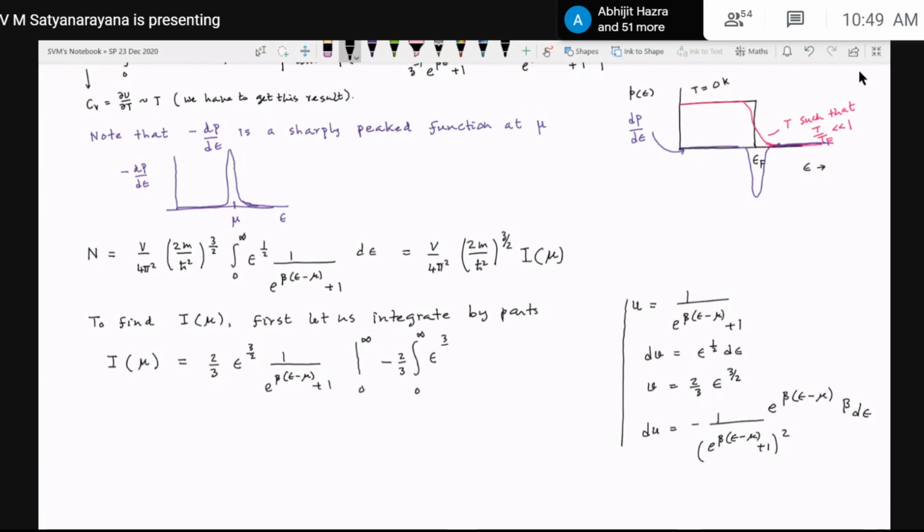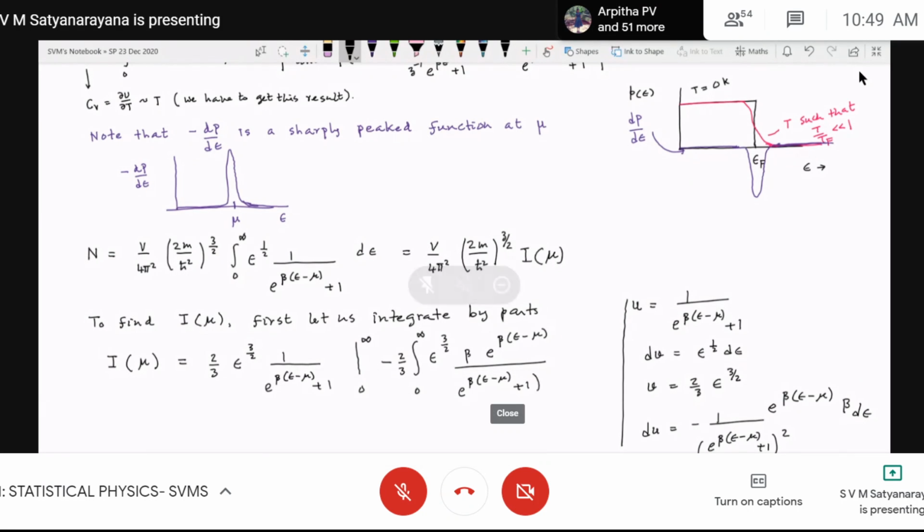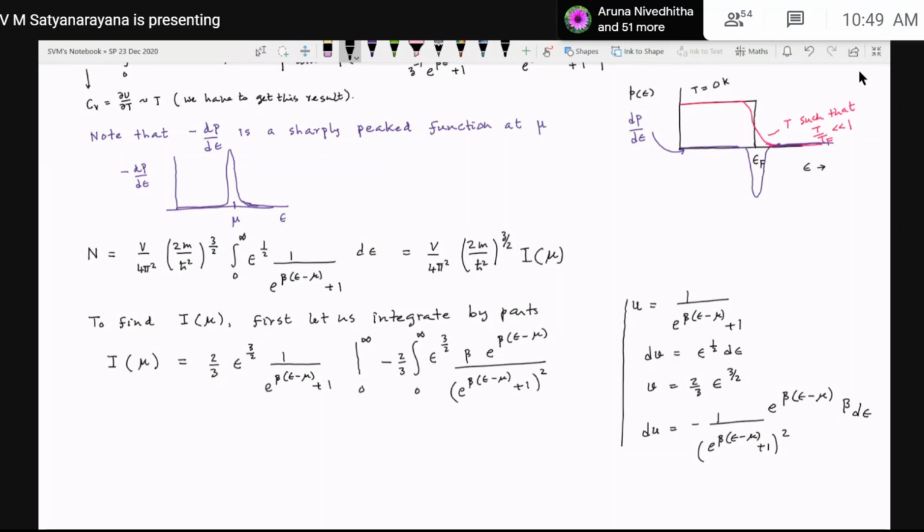Epsilon to the power 3 by 2 into beta e to the power beta (epsilon minus mu) divided by (e to the power beta (epsilon minus mu) plus 1) the whole square. I think there is a minus sign sitting here, so this becomes a plus sign.